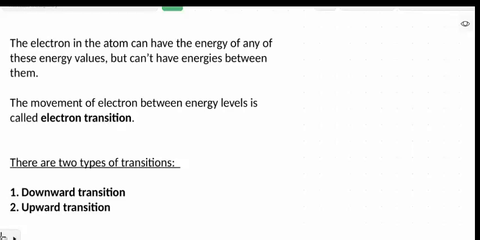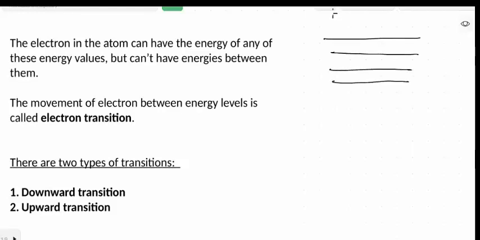Now we go deeper into the behavior of the electron. What's written here is that the electron in the atom can have the energy of any of these energy values, but can't have energy between them. Means, as I said before, we can find an electron here, here, here, here, and here.